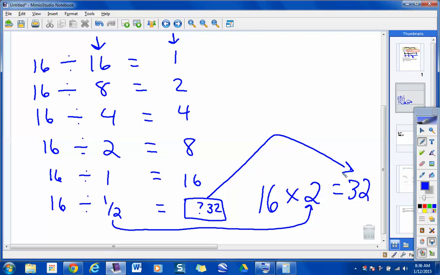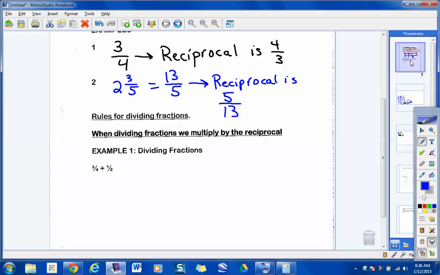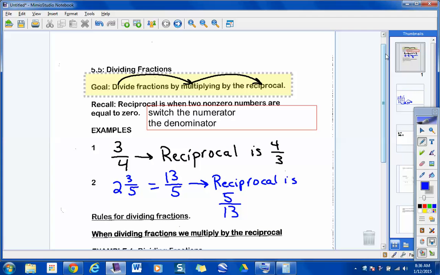Opposites. Okay, multiplication of the reciprocal. So back here, looking at our goal, it says, divide fractions by, what's the phrase right here? Multiplying by the reciprocal, okay?